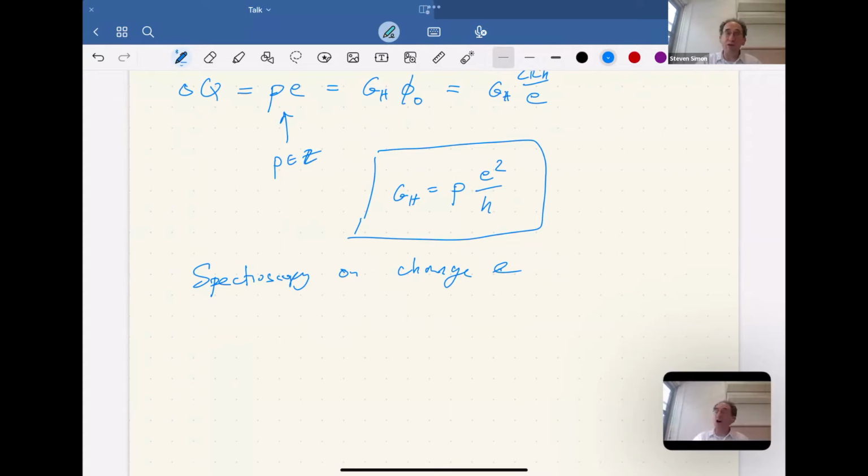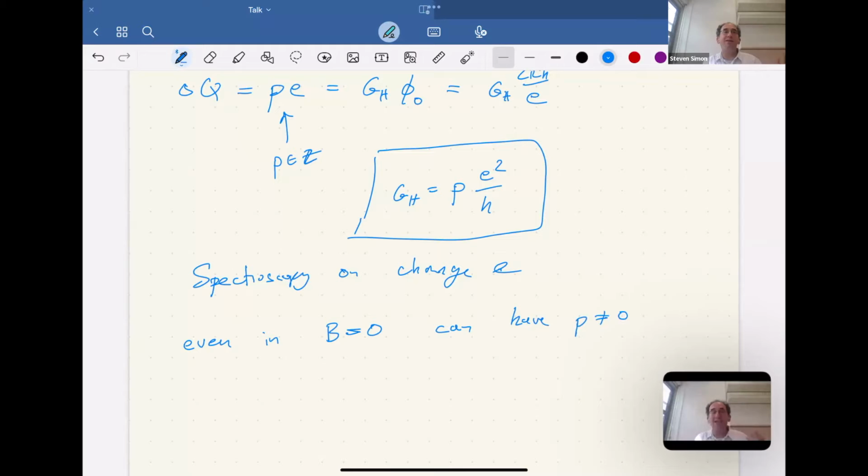And it's now been shown in the last 10 years that you can get situations where even in the absence of magnetic field, even with total externally applied magnetic field equal to 0, you can have p not equal to 0.